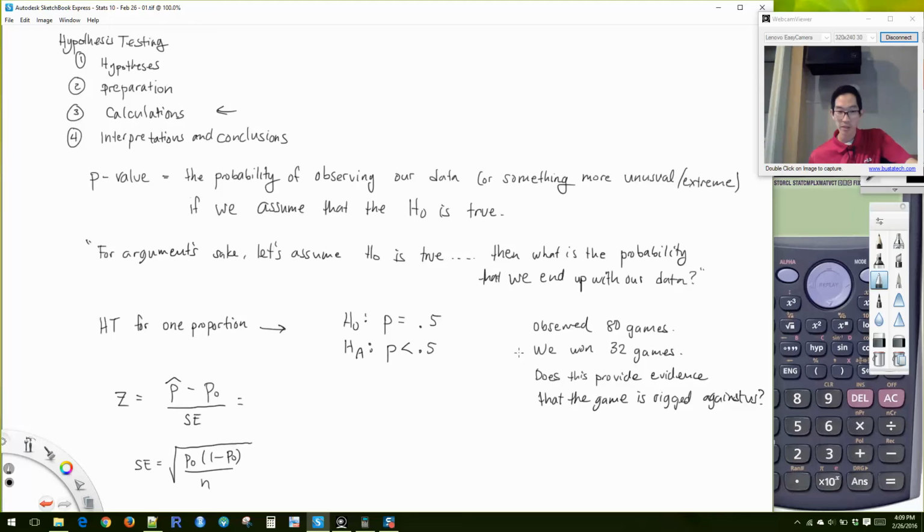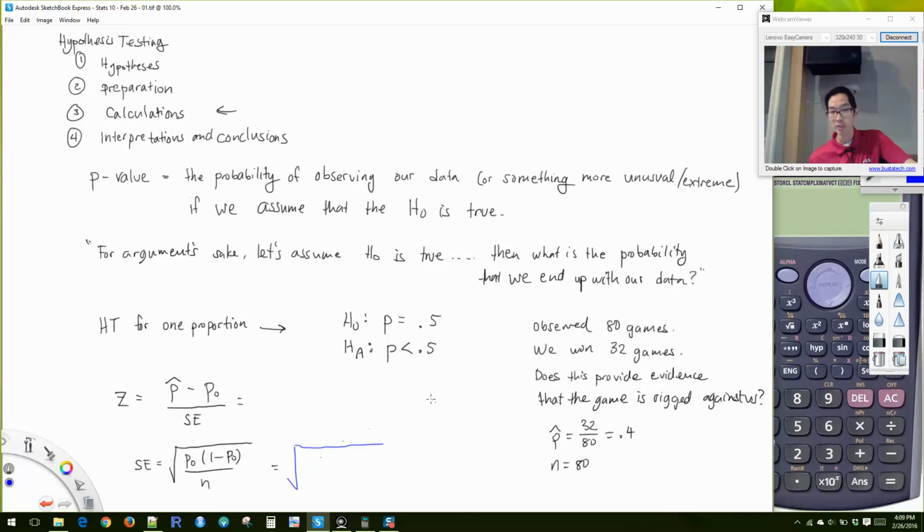So we have our hypotheses, our preparation. We state that p hat is going to be 32 over 80, so this is 0.4. And our n is 80. So when we do our standard error calculations, I'm going to plug in our values.